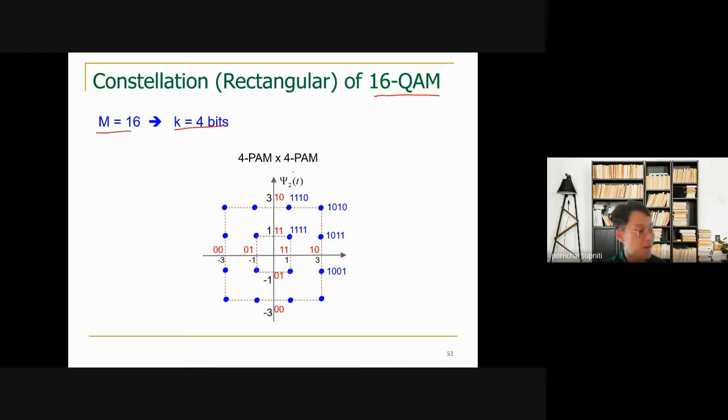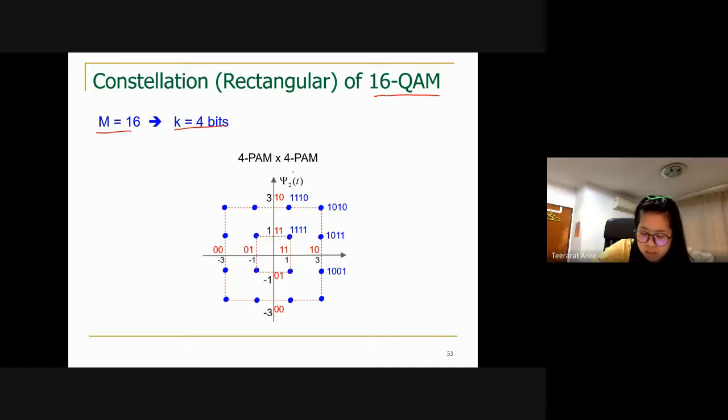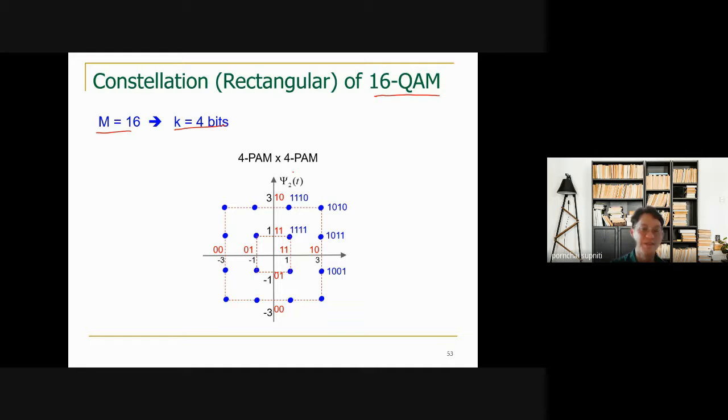Okay. Yes. Neighboring symbols have one bit difference. The symbols that are next together only differ by one bit. Because when we make a decision, in general, we make the wrong decision to the next symbol next to it.